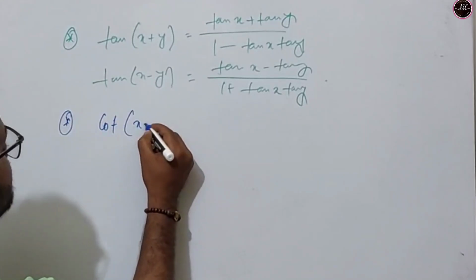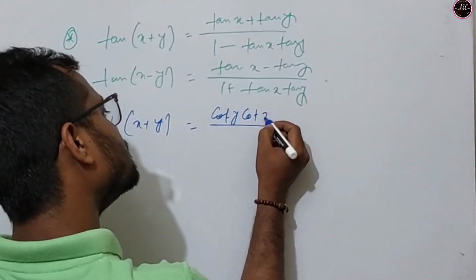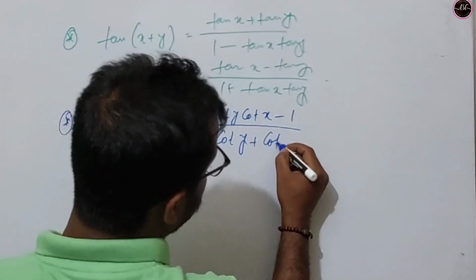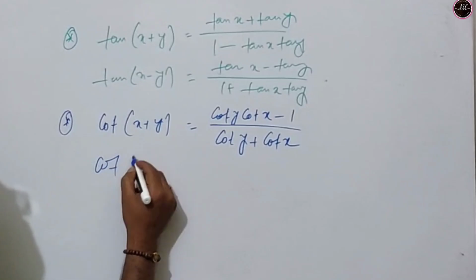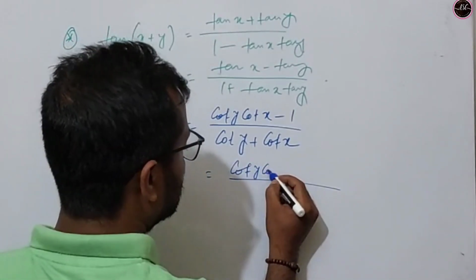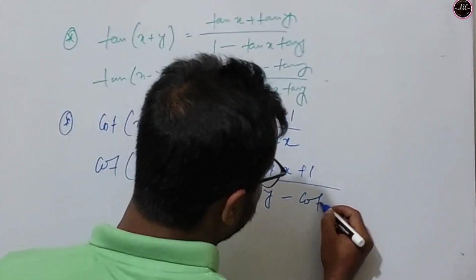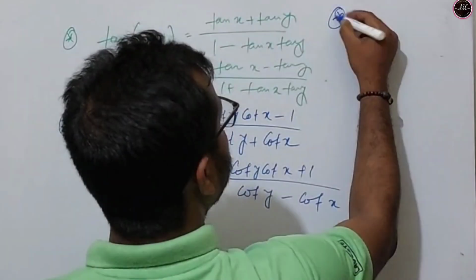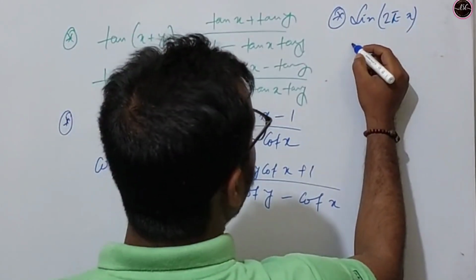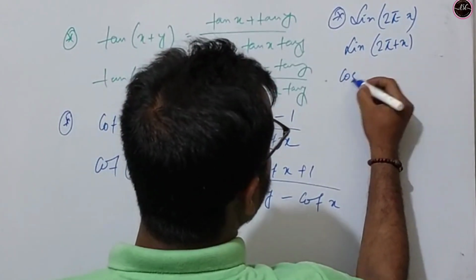Cot of x plus y equals cot y cot x minus 1 by cot y plus cot x. Similarly, cot of x minus y equals cot y cot x plus 1 by cot y minus cot x.